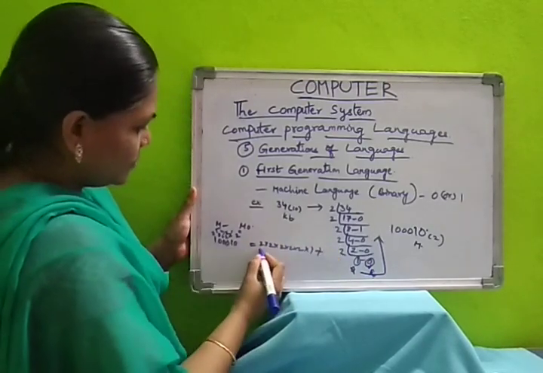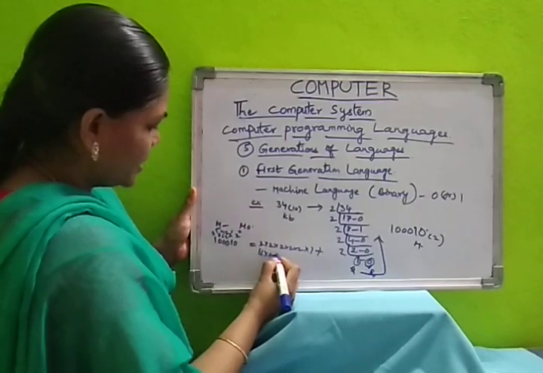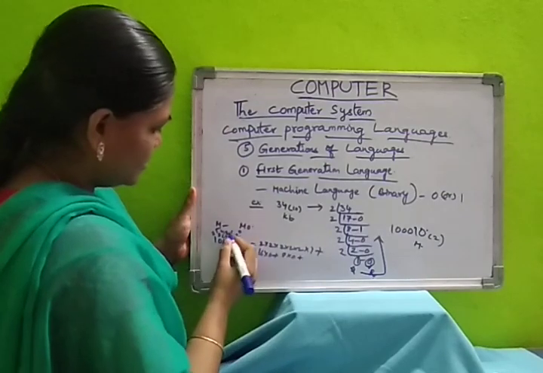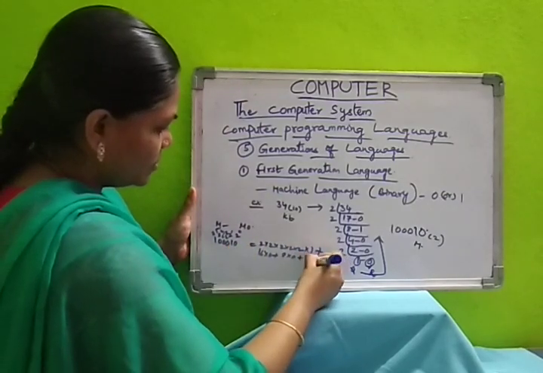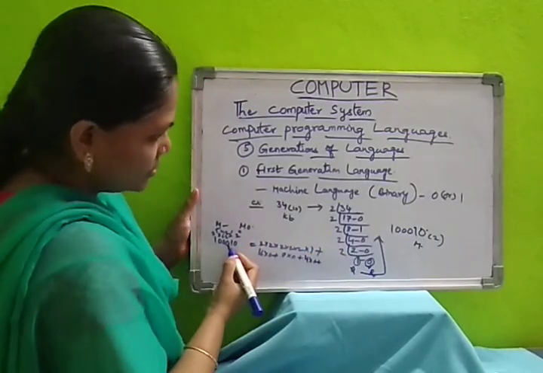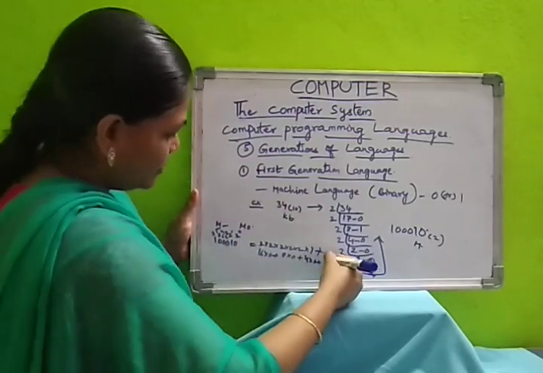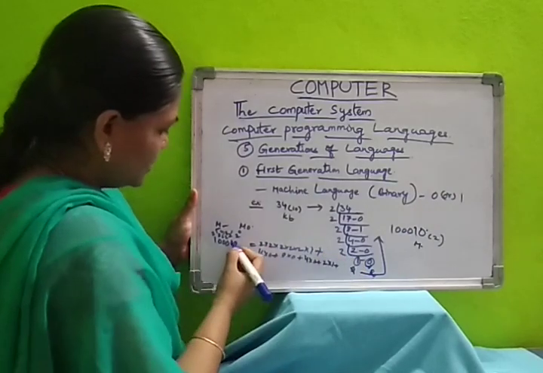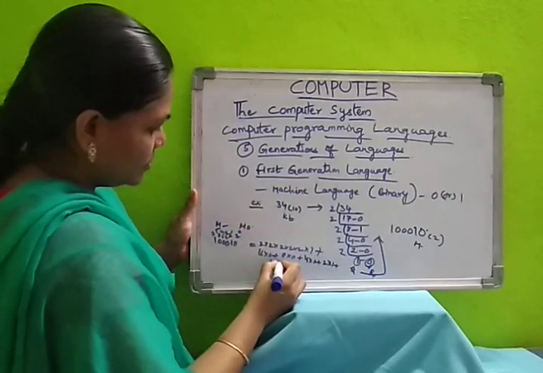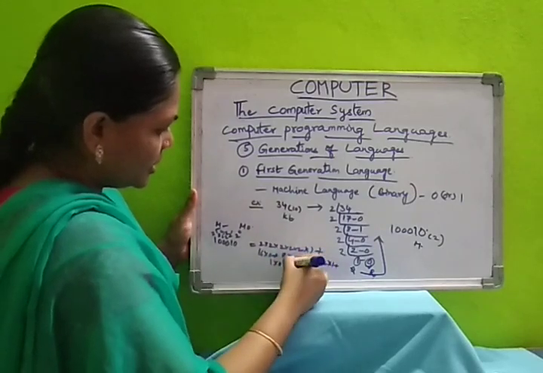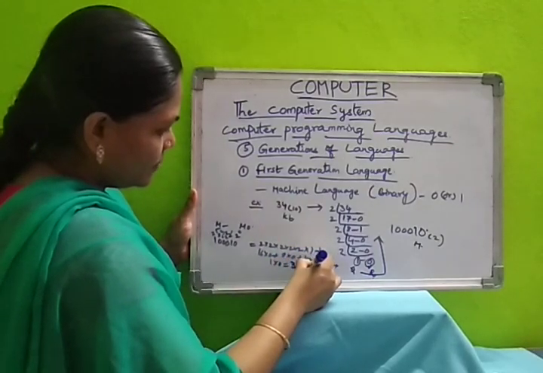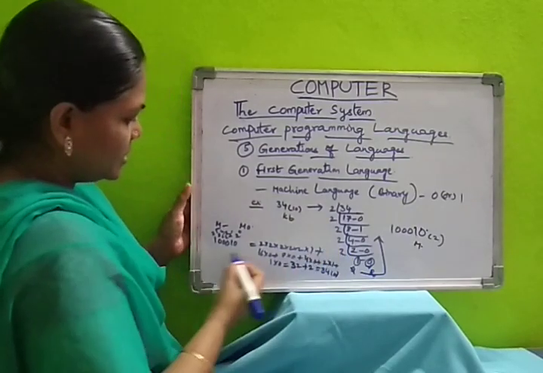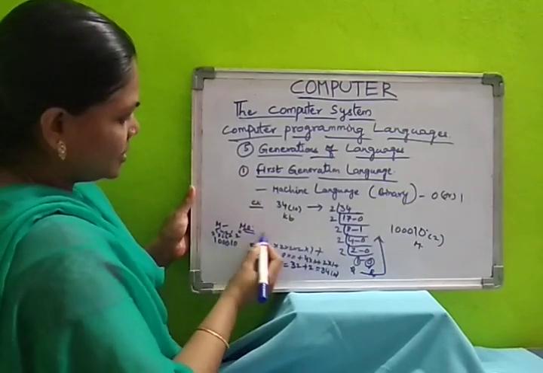That equals 32 plus 2, which is 34. Like this it is converted and displayed on the monitor.